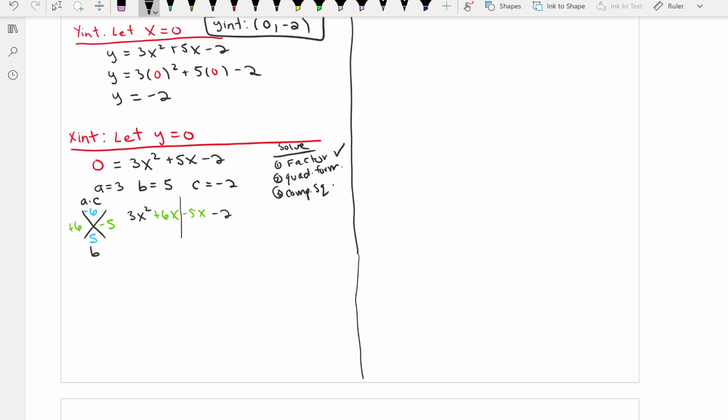If I split it in half, the first two terms have a 3x in common, so I'm left with x plus 2. Over on this side, it looks like I have a negative in common.